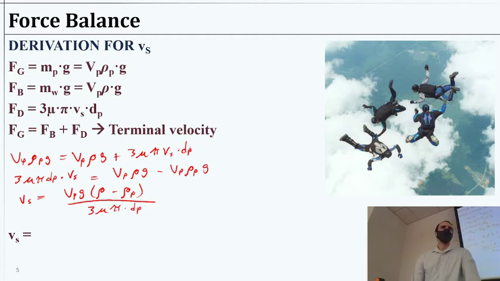Okay, so that's one form of it, but it would be nice to simplify it. We have a volume of the particle there and a diameter of the particle there, and it would be nice to have just the diameter of the particle. We can do that if we remember that we're assuming it's spherical.